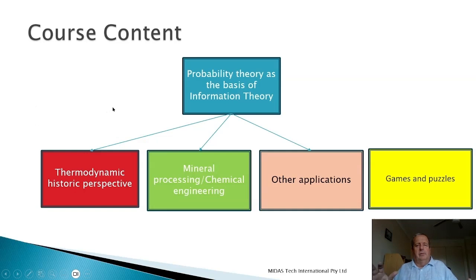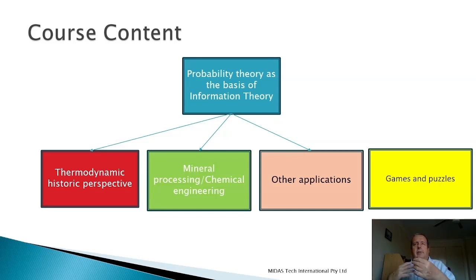So, course content briefly, we discussed probability theory as a basis of information theory. Entropy, as you're probably aware, first was used as a term in thermodynamics, so I discussed the thermodynamic perspective. Having said that, you don't need to be a chemical engineer or physicist to understand this course.